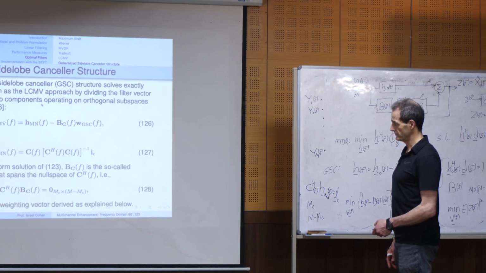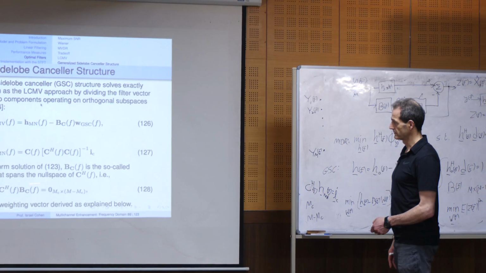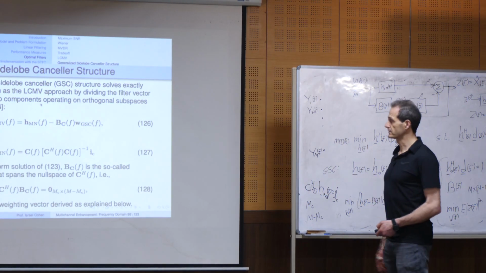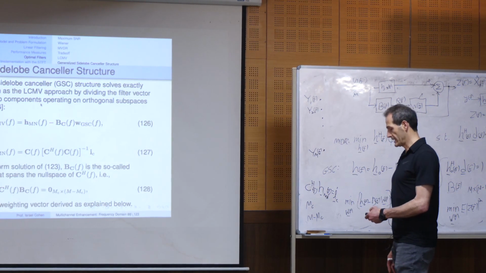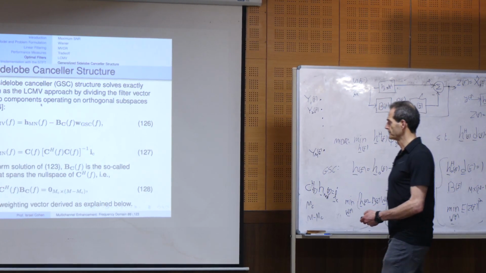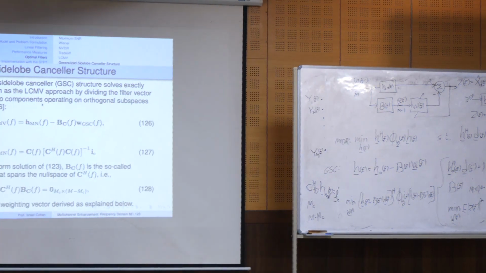So actually, we say that the blocking matrix spans the null subspace of C. This is the way to tell it, okay? Because this is satisfied. Now, so we can find a solution for that, okay?